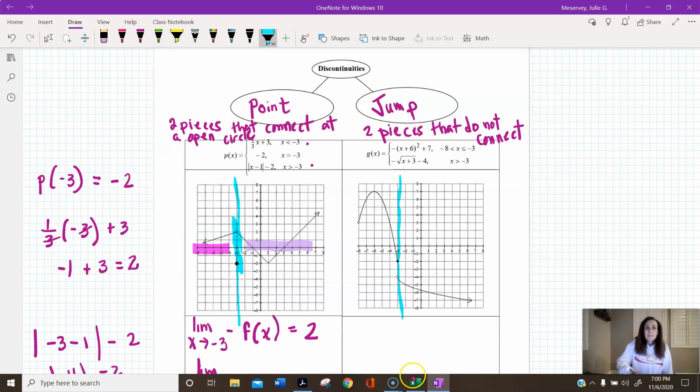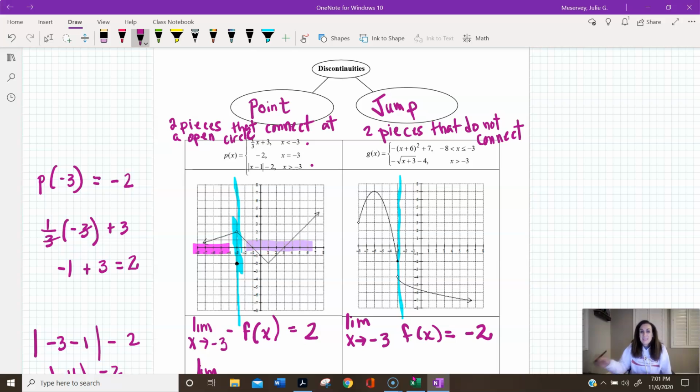From the left-hand side, the limit as x approaches negative 3 of f of x is equal to, and you can see we're coming in from this side, it looks like it's equal to negative 2.